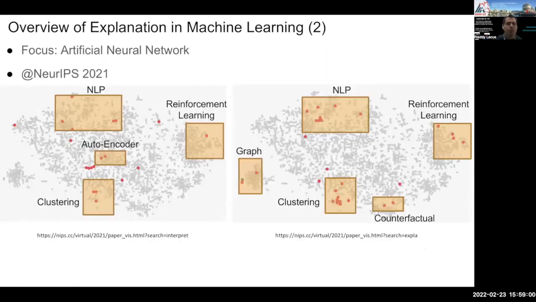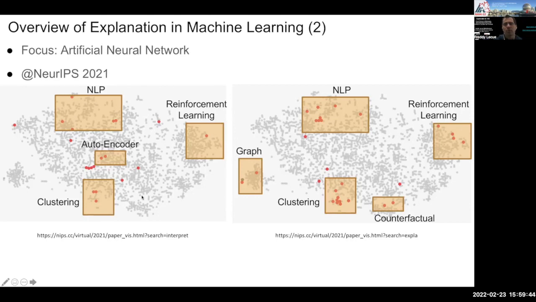Okay, so now if we move to much more neural net architectures. I don't know if you attended NeurIPS, but NeurIPS is one of the core conferences on neural architectures, and it's bigger than that now, but it's a big event. I tried to find what kind of work people are doing in explanation and interpretation. And you see the different groups. Here the gray dots are papers, and the red ones are papers with explanation-related contributions.